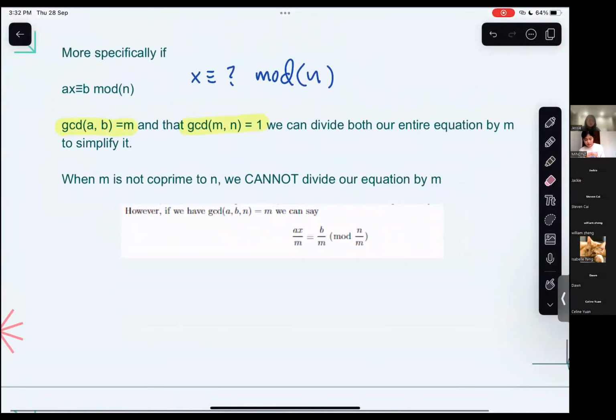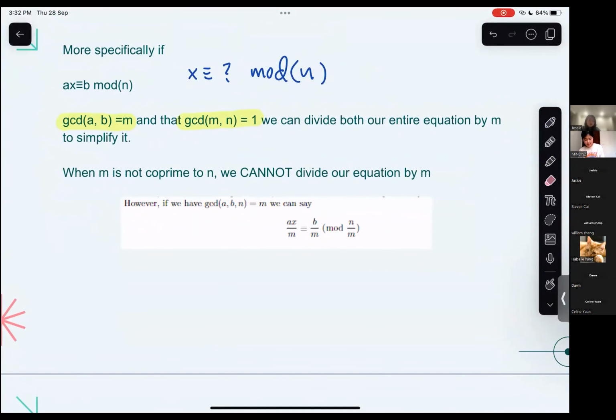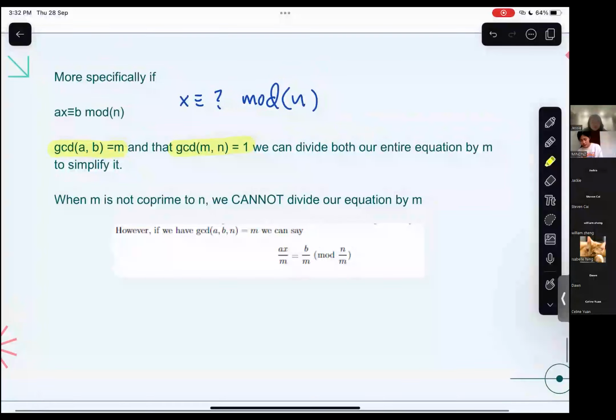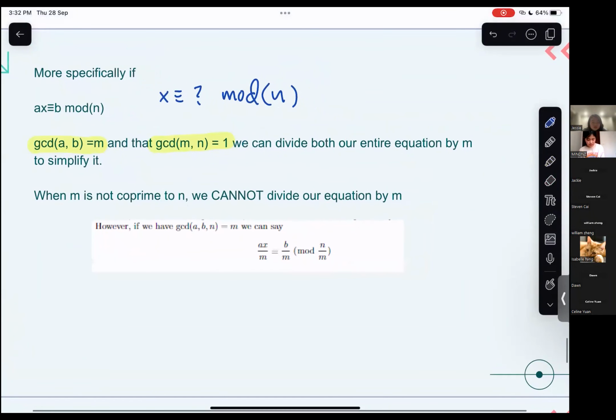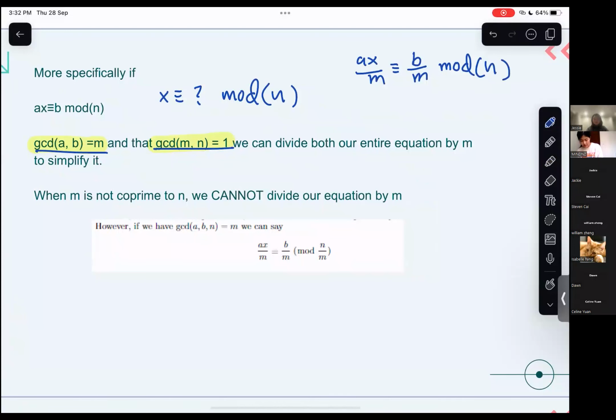So the rule is basically telling us that when we have these conditions, we can divide. And only when we have these conditions, we can divide in modulo n and remain in modulo n, right? So what we can do here is if we do have these conditions, we do something like this. And this is still a true statement, right?